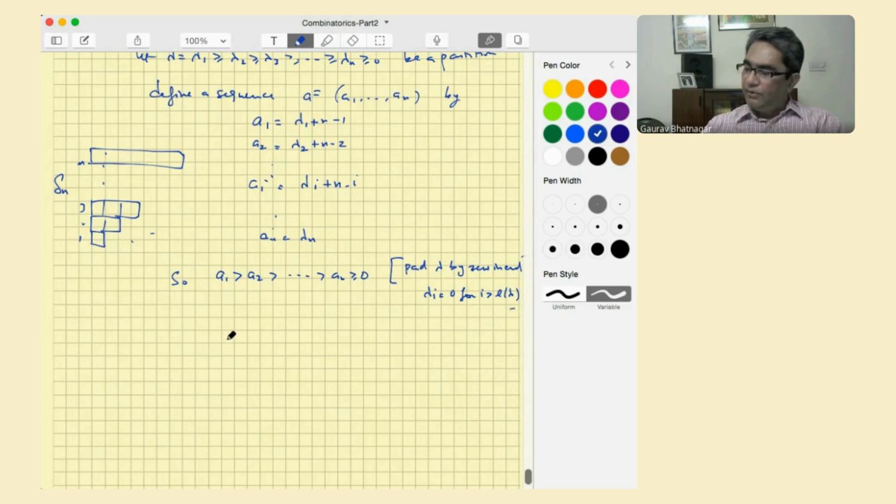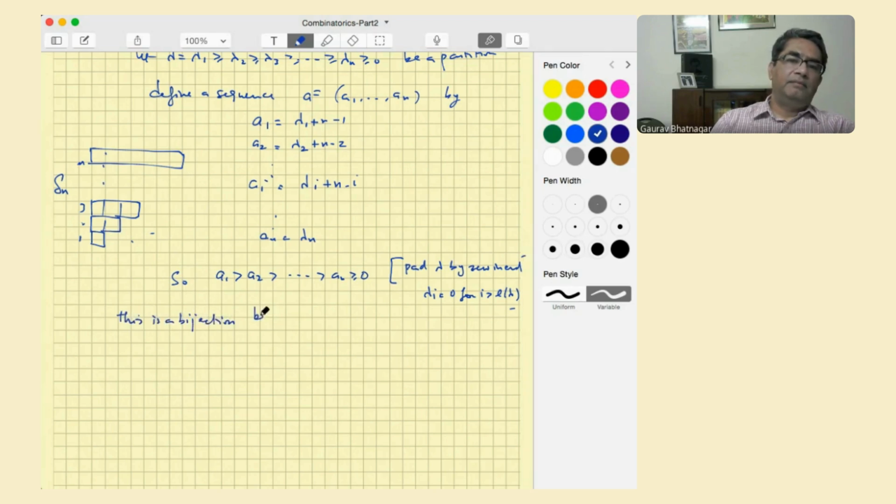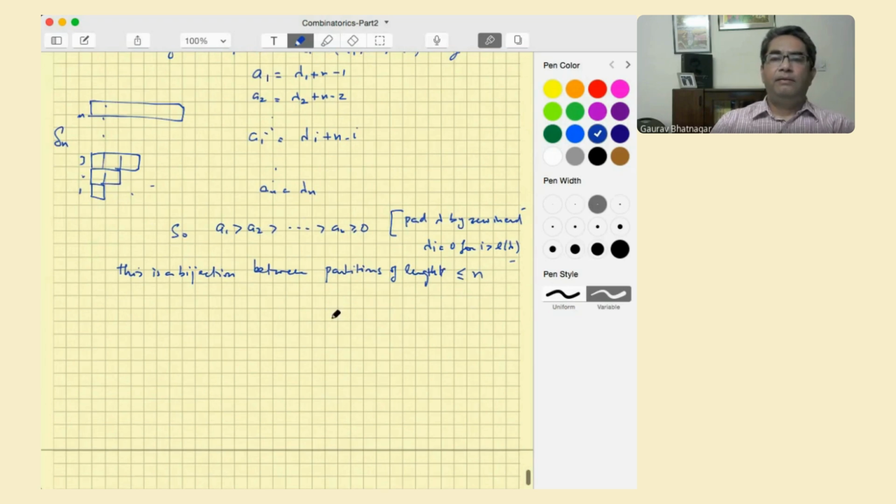Okay, this is a bijection between partitions of length less than or equal to n with sequences like this, strictly decreasing sequences of length n.